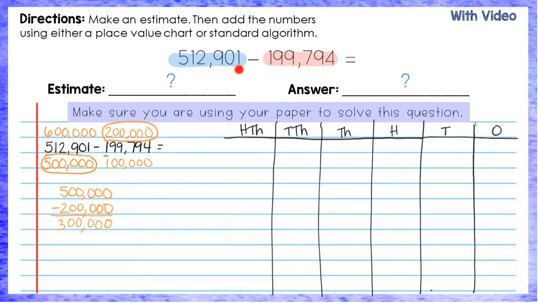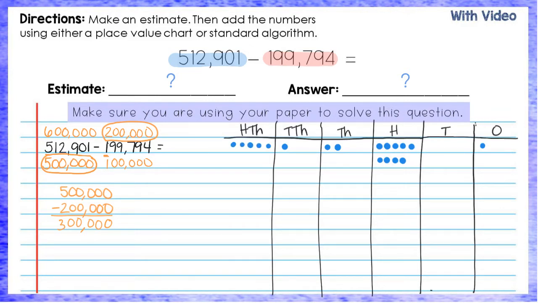So we start with 1, 1, 0 tens, 9 hundreds, 2 thousands, 1 ten thousand, and 500,000s: 1, 2, 3, 4, 5.